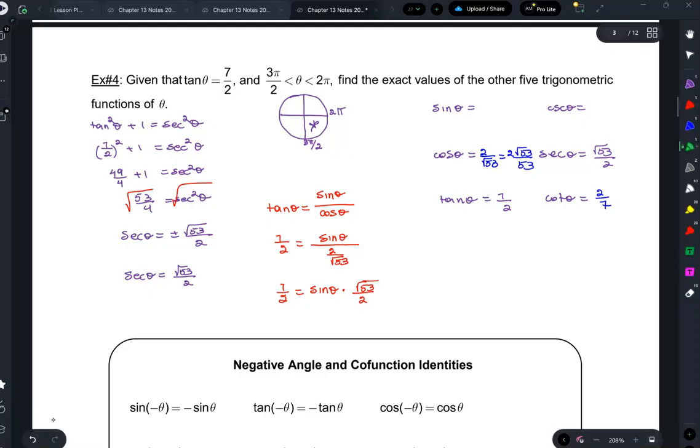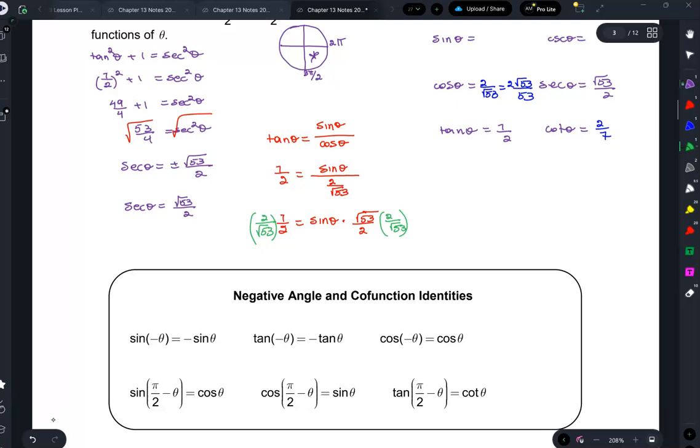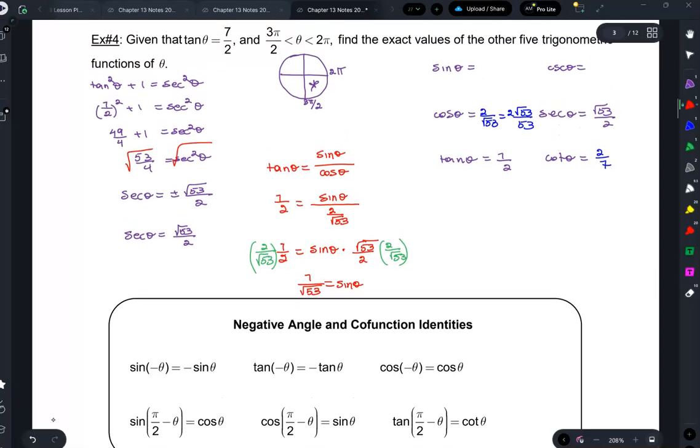So now what do you think we should multiply by? 2 over root 53. Okay? So these go away, and I get sine of theta equals 7 over root 53. Ryan had said multiply by 2 over root 53, and someone had said multiply by root 53 over 2, because we're used to multiplying by the reciprocal.